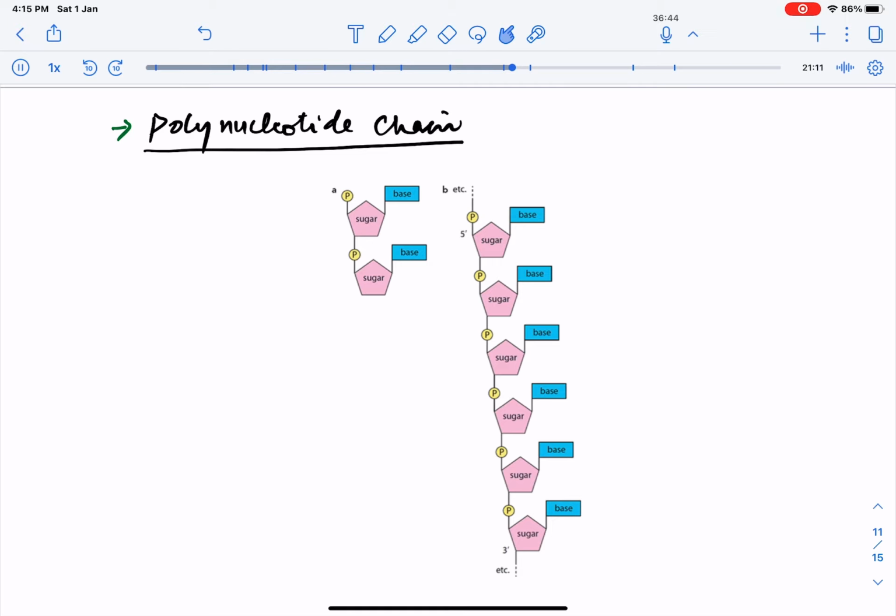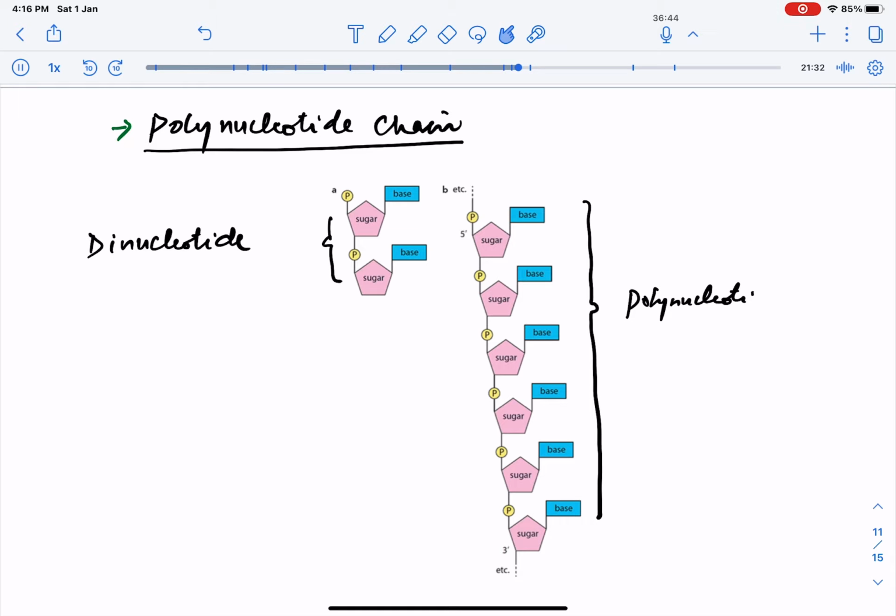So you can see here, if there are two nucleotides joined together, this is a dinucleotide. But if there are many nucleotides joined together, this would make a polynucleotide chain.